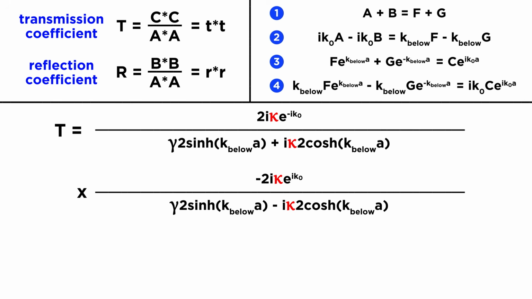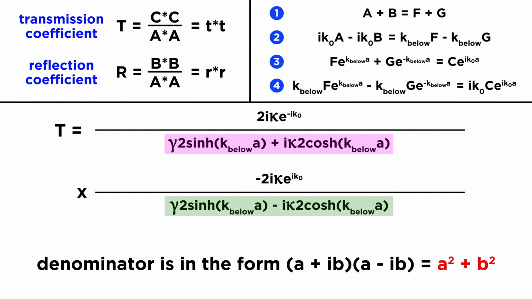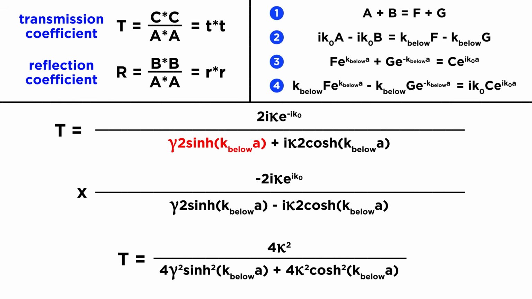In the denominator, we have a product that takes the form a minus ib times a plus ib. We know that this gives us a squared plus b squared, so we can just square this first term, which gives us 4 gamma squared hyperbolic sine squared k below a.